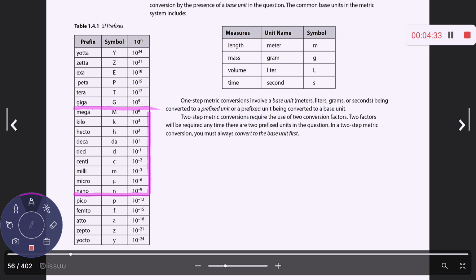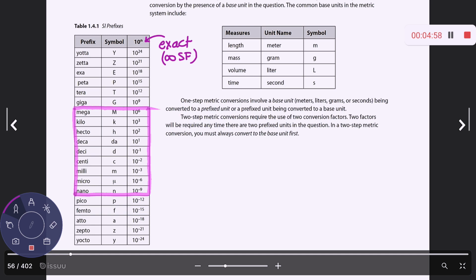So I will not give you these. These are the ones that you need to know. Okay? And the powers of 10 are exact. So all of these, I'm just going to put a little arrow here. These are exact, which means they have infinite sig figs and won't influence the sig figs in a result.